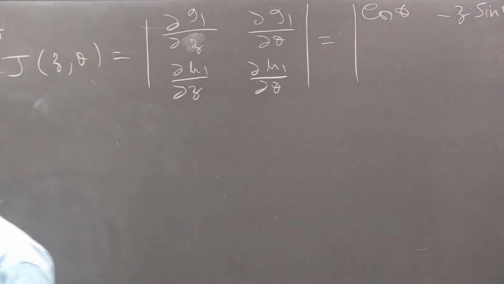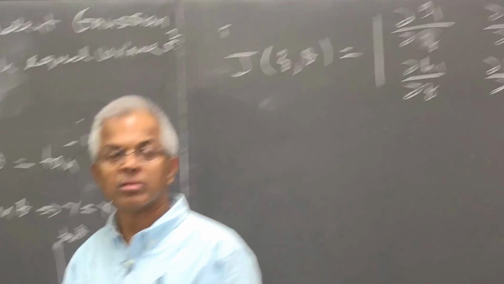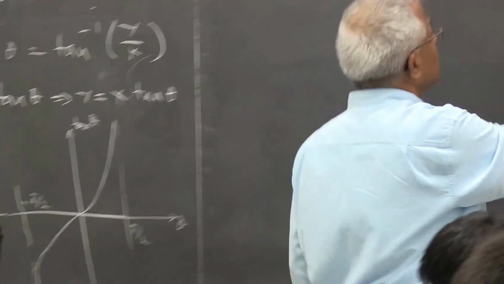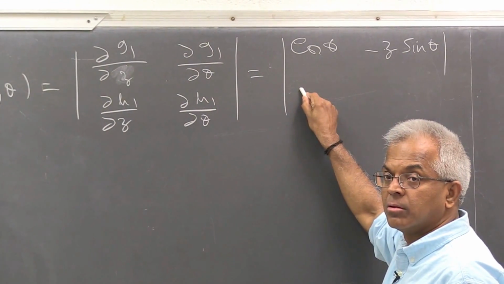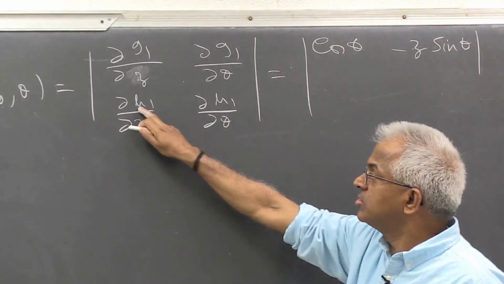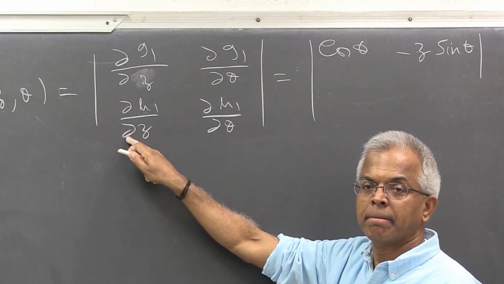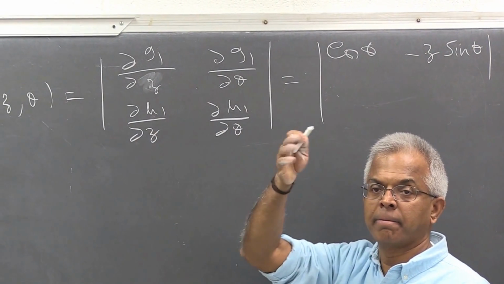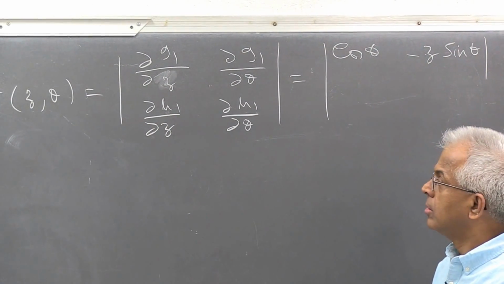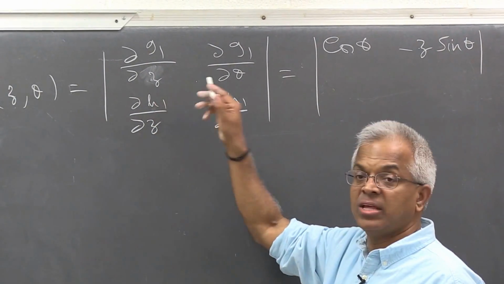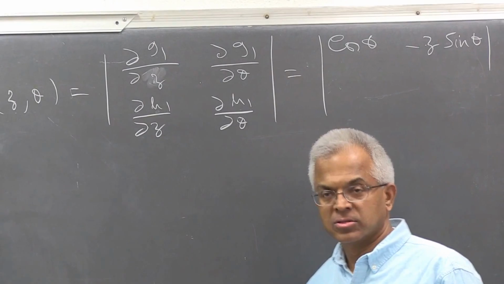Derivative of h1 with respect to z, what is it? Hello, h1 is here. With respect to z would be what? Anyone? Why is this hard now? This is z sin theta. So what is its derivative with respect to z? Sin theta, right?